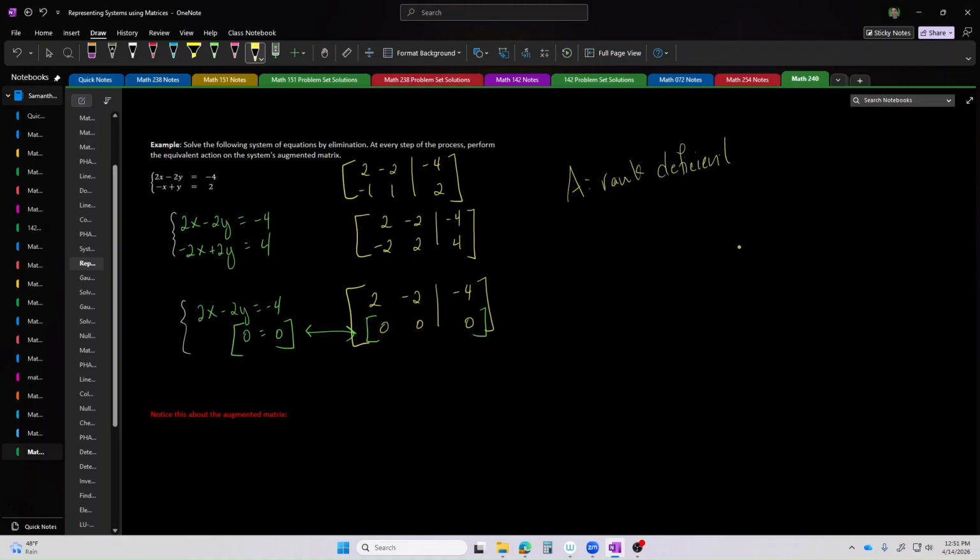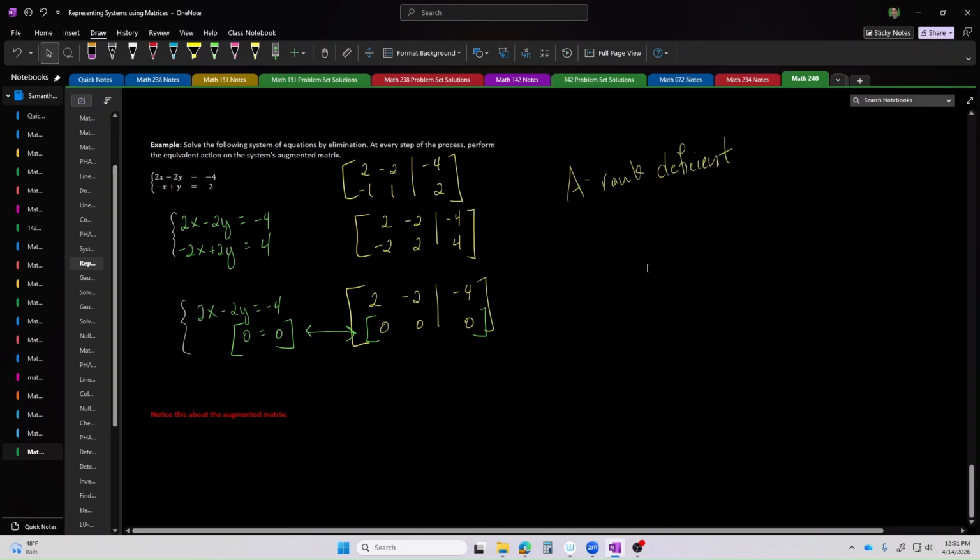And this is another situation where the solutions to this system ended up being a little bit weird. In this case, again, because A was rank deficient, we got this line of zeros here on the bottom of the matrix. And in this case, because we had both zeros on the left-hand side and zeros on the right-hand side, we ended up with a system of equations that had infinite solutions.